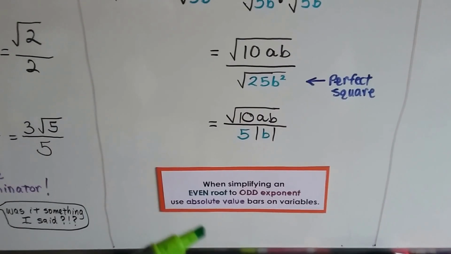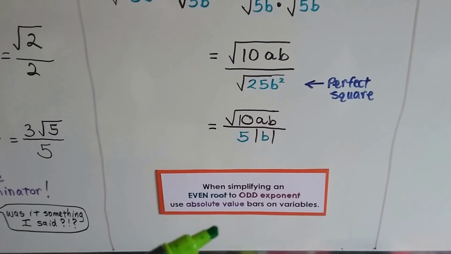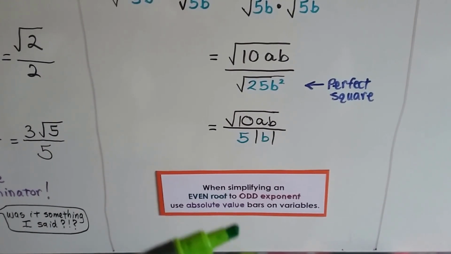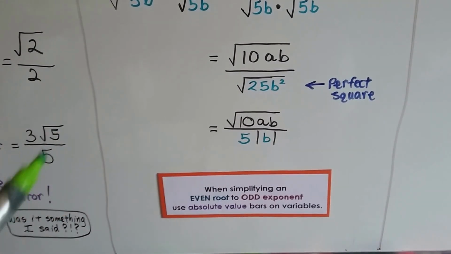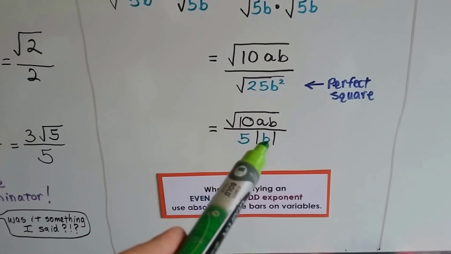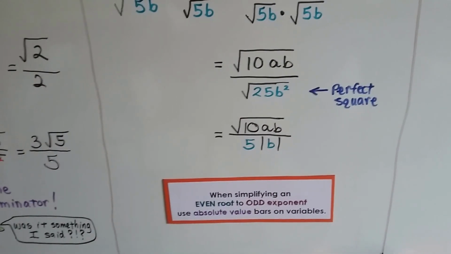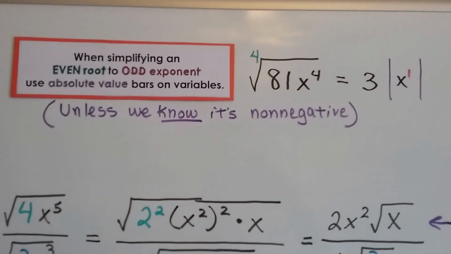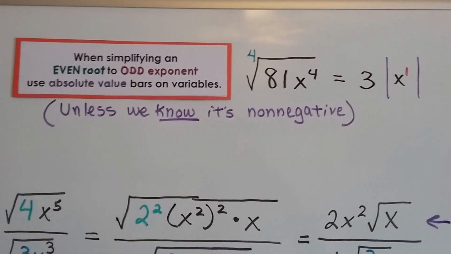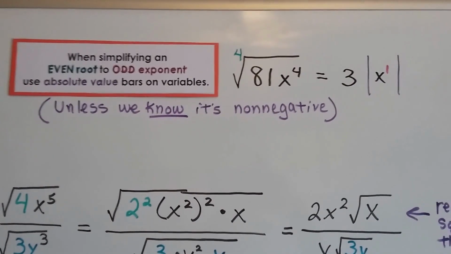And remember, when simplifying an even root to an odd exponent, we can use absolute value bars on the variables. So this went from an even root, because there's an invisible 2 here, to an odd one, because it's b to the first power, and a 1 is an odd number, right? When simplifying an even root to an odd exponent, we use absolute value bars on the variables, unless we know it's non-negative, okay?